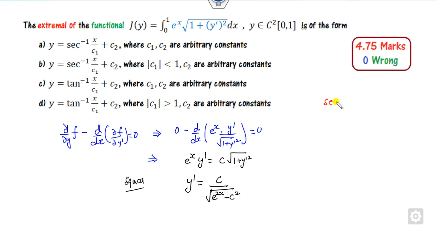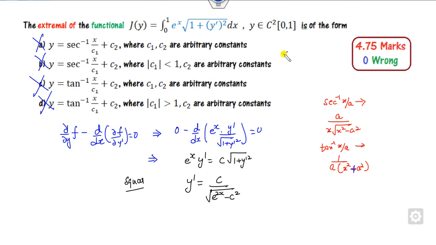You all know the derivative of the inverse function of x by a is a upon x square minus a square, and the derivative of tan inverse x by a is 1 upon a times x square plus a square. Now you can see that my option has a negative sign, so this plus can never be true, and the tan option is cancelled out. Also, if your answer is the secant inverse, it would involve x times something, but there is no x factor here, so these options are also cancelled.